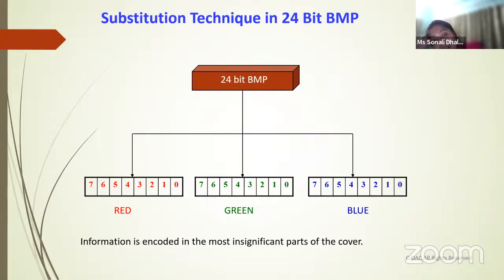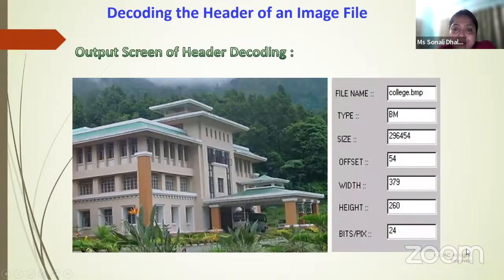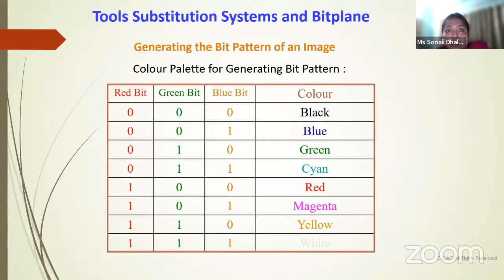Information is encoded in the least significant part of the cover. In case of red, green, or blue, the tools hide in the 0th position in any channel. Similarly, in a palette image, the information hiding takes place in the red, green, and blue channels of the color palette.